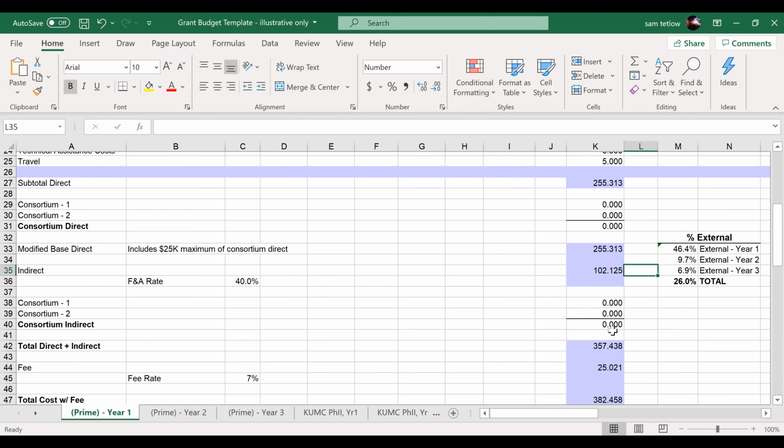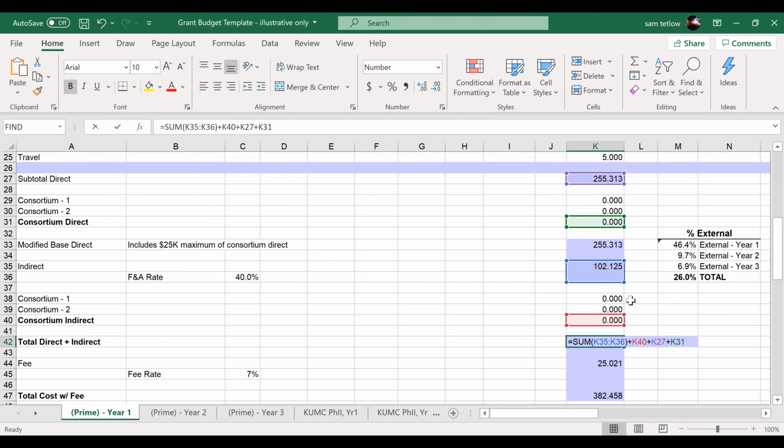So that's nice. You then add those up, where you add up the direct cost, the indirect cost, and the, so there's direct, and then direct from the consortium, which is 0 today. You add indirect from the company, indirect from the consortium, which is 0 today. That gives you your total direct and indirect, right, in that line item.